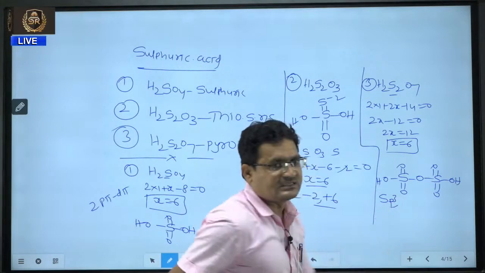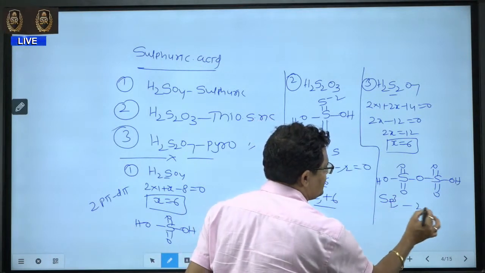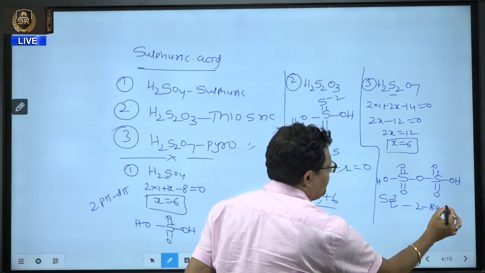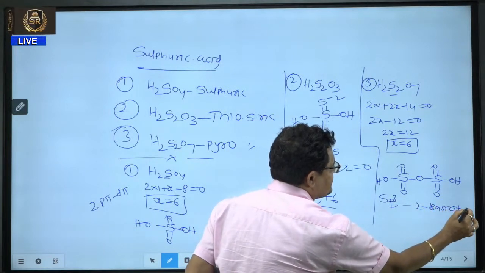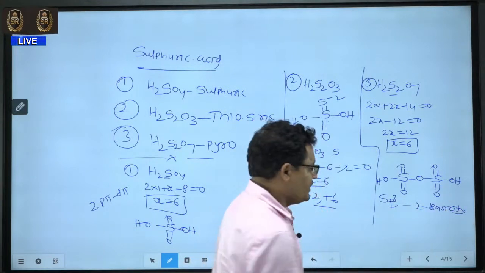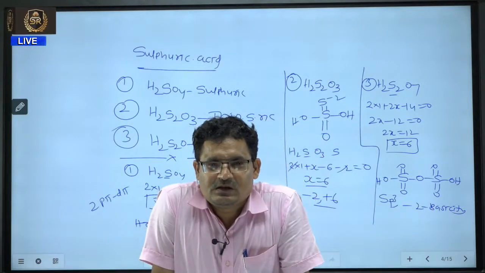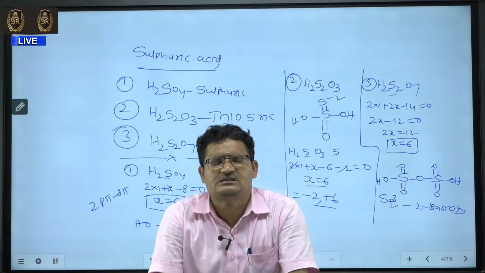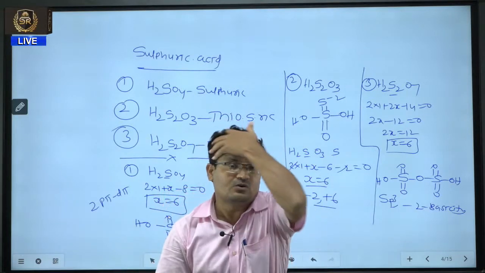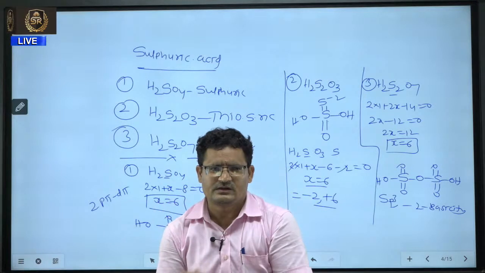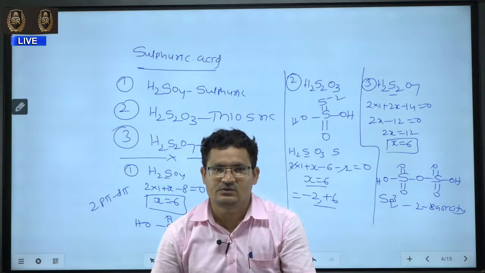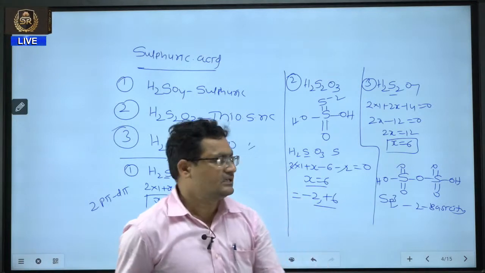It is also tetrahedral shape. It is also 2 basicity. Basicity simply depends upon OH group. All these oxy-acids of chalcogens undergo 2 OH only. That's why 2 basicity only, right?